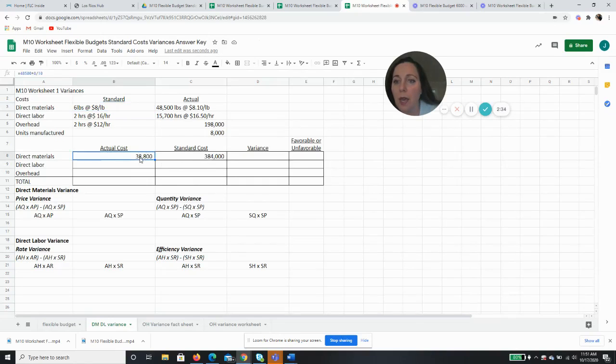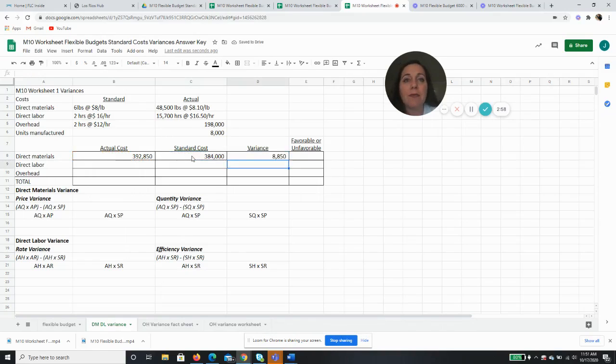Okay, so our 8,000 units, 6 pounds a unit at $8 a pound. There we go. Now my actual cost is correct. $392,850 was our actual cost. Our standard cost for making 8,000 units was $384,000. So our variance is actual cost minus standard cost.